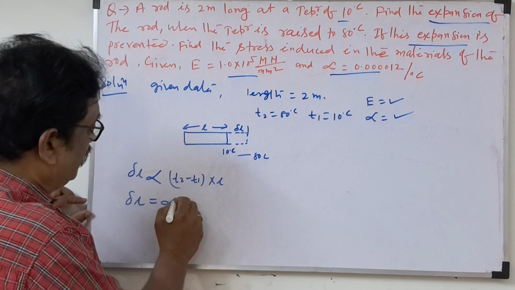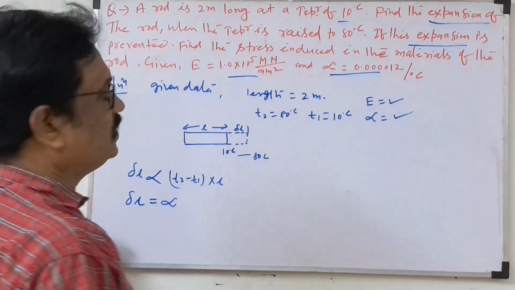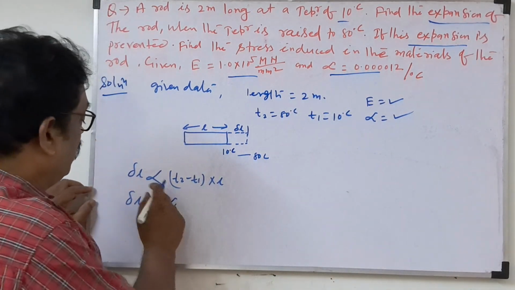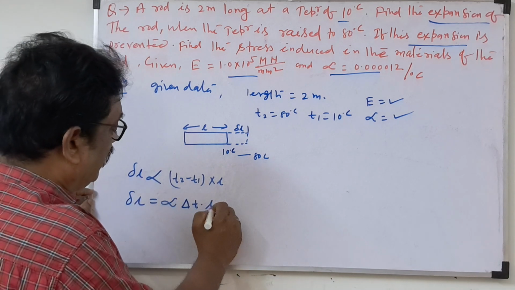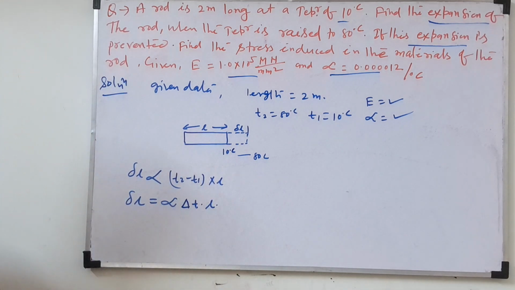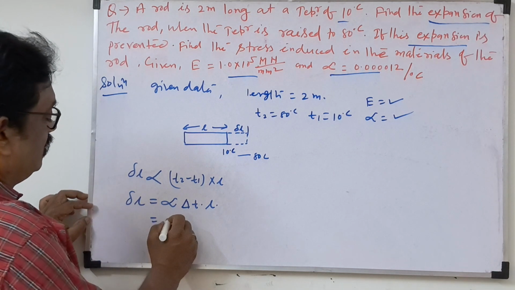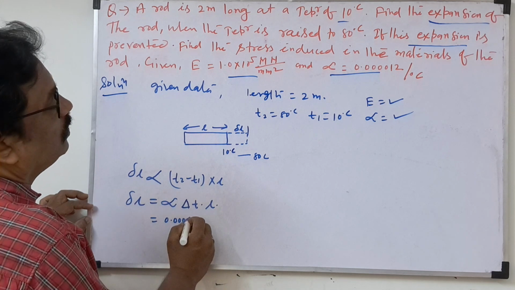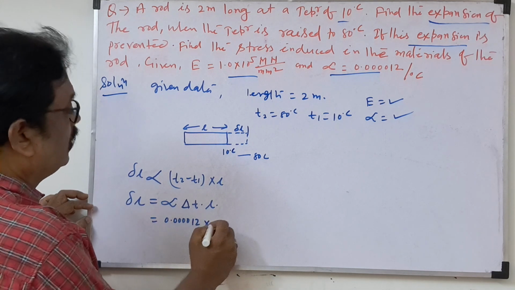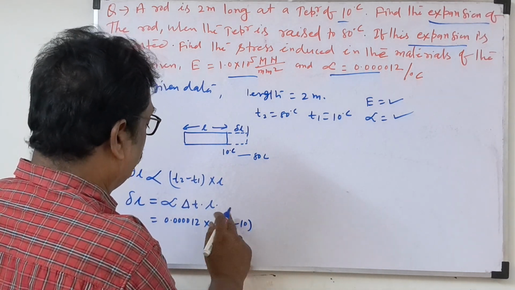Now I take alpha, that means the coefficient of linear expansion, then the temperature difference delta T, and the length. This is the formula that will come. So it is 0.000012 into delta T, 80 minus 10.